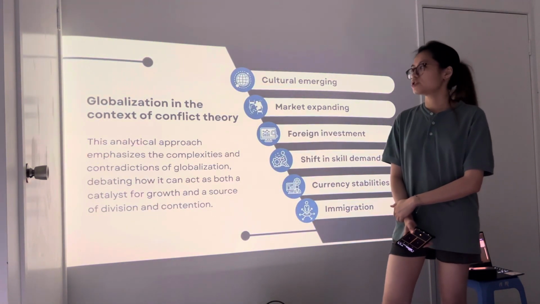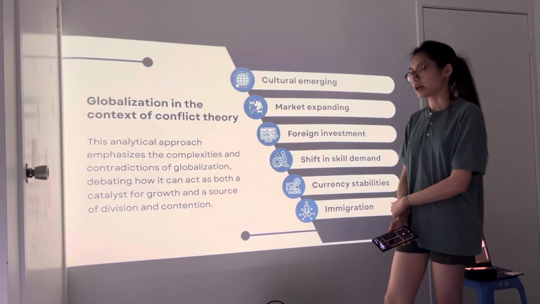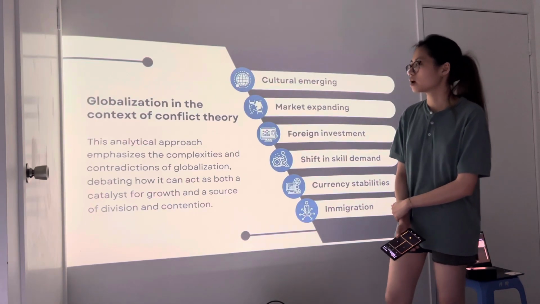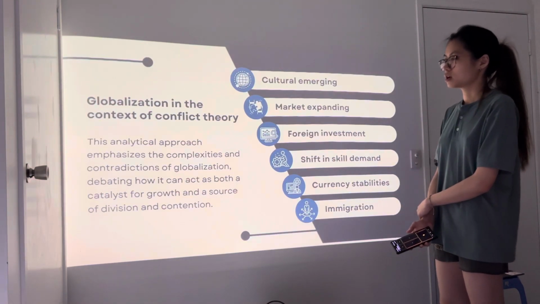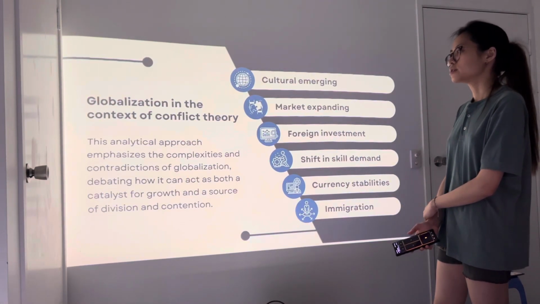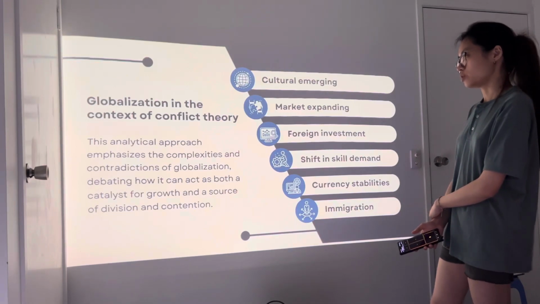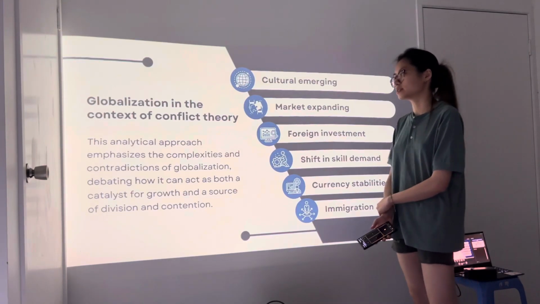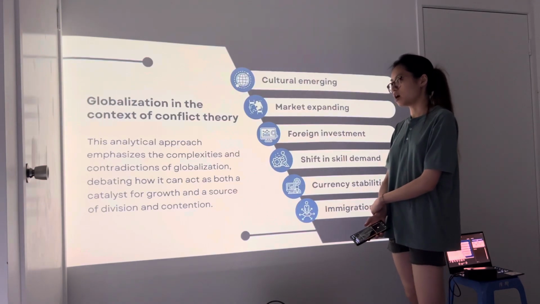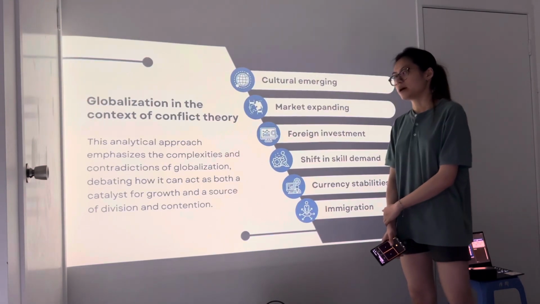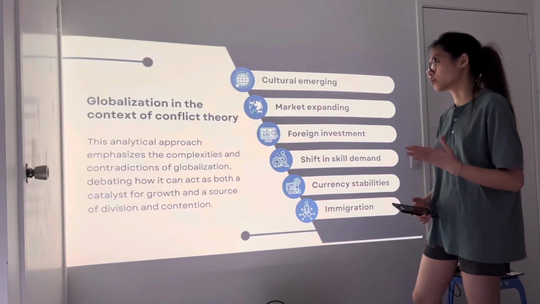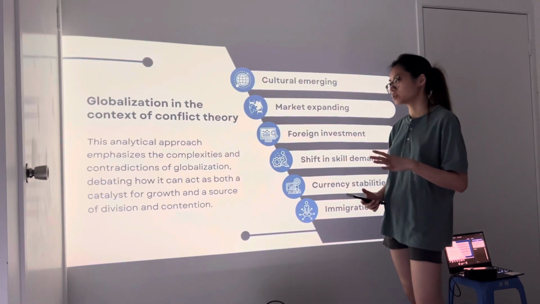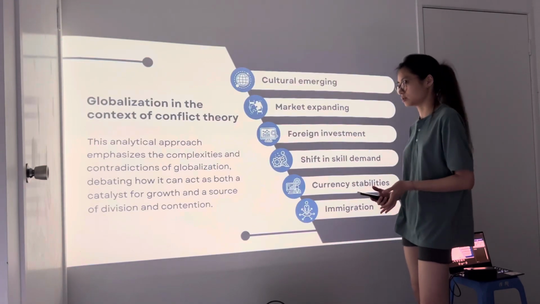So, globalization in the context of conflict theory. How does conflict theory look at globalization? It is an analytical approach that emphasizes the complexities and contradictions of globalization, debating how it can act as both a catalyst for growth and a source of division and contention.